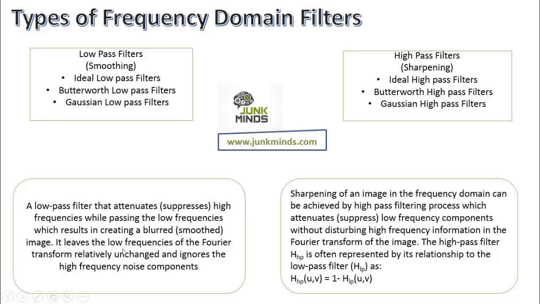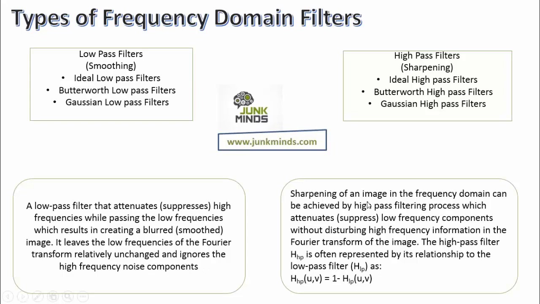It leaves the lower frequencies unchanged and ignores the high frequency noise components. This is a very easy type of filter. It suppresses high frequency and passes the low frequency, so the low frequency is kept as it is and the high frequency noise components are ignored. This is how smoothing filtering is done.